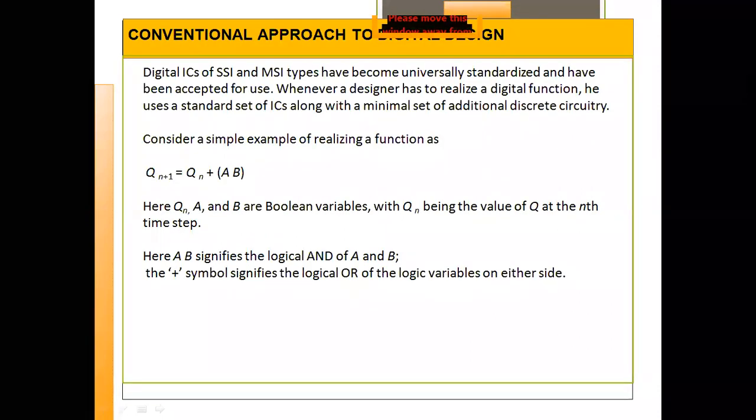Now we go for the conventional approach of digital design. In the previous classes we have discussed this. For designing any system, we require some circuits consisting of some ICs.